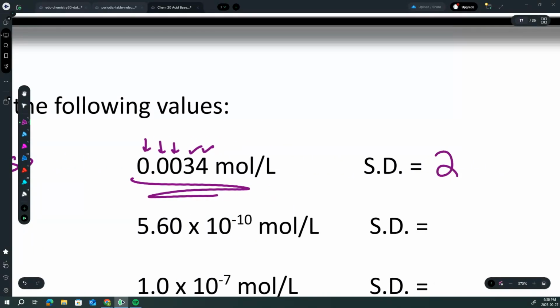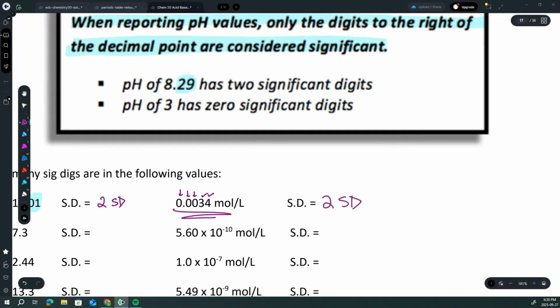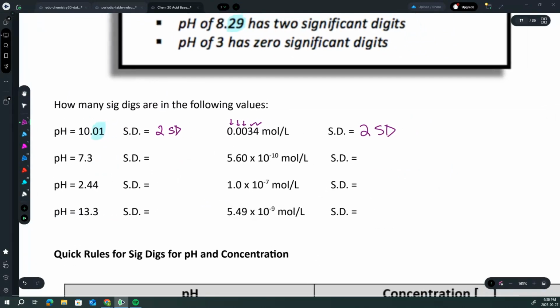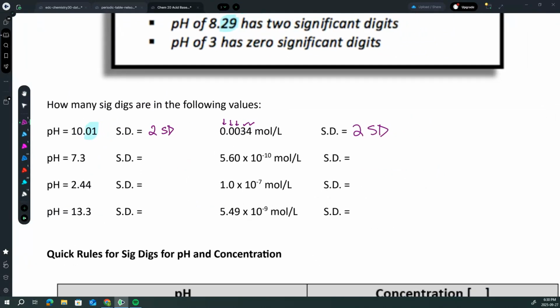So this has 2 significant digits. Make sure you give the rest of these a try. You can pause the video and give them a try.